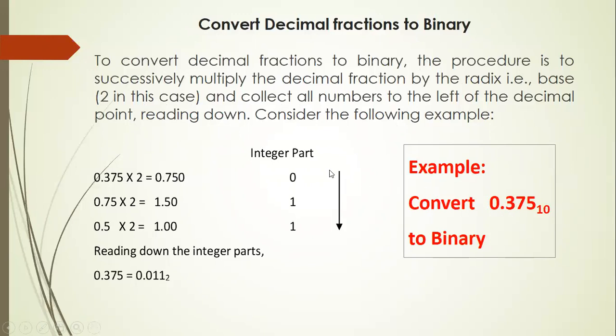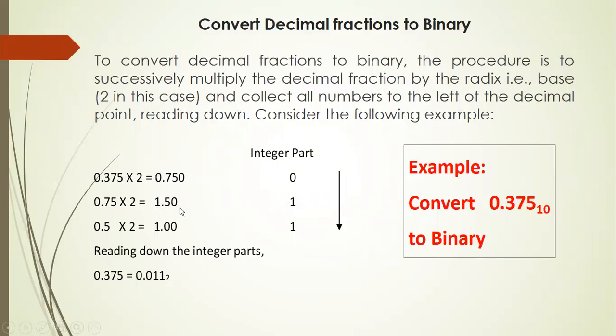Now, multiply the decimal fraction by the radix. So 0.375 times 2, and we get the result 0.750, and the integer part is 0. So I'll take this 0 into consideration. Then 0.750 times 2 equals 1.50. The integer part is 1, so I'll take the integer part.